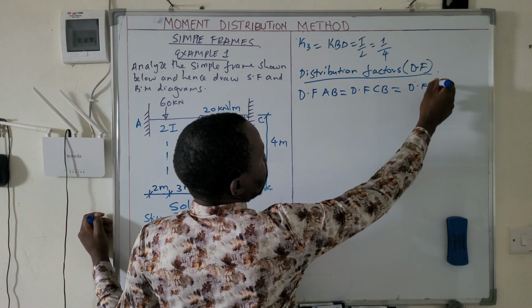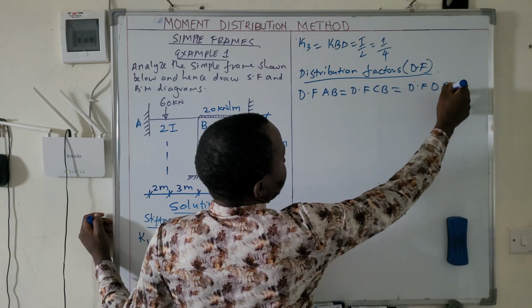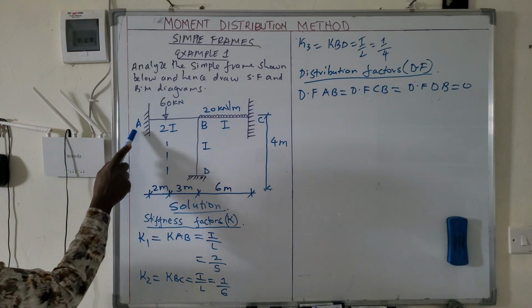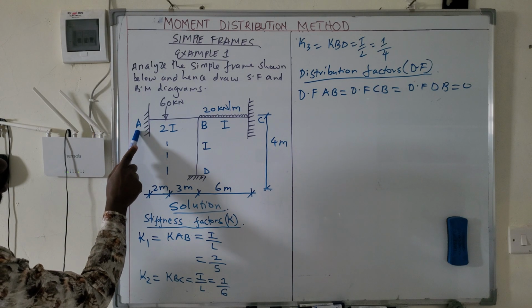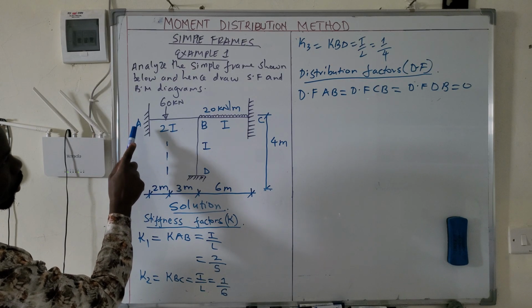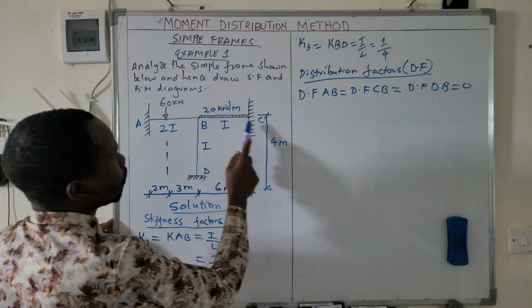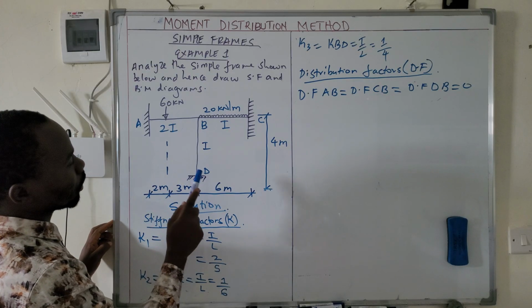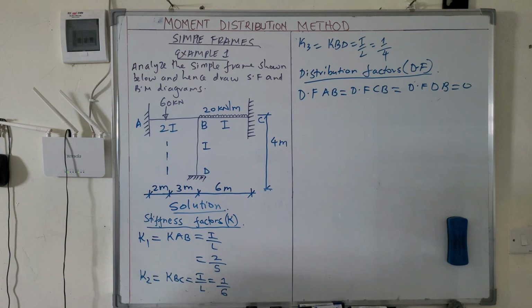DF DB is equal to 0 because these are the fixed support. So this is the fixed support or fixed end. So distribution factor AB and distribution factor CB and this distribution factor DB is equal to 0. The reason is they are fixed support or fixed end. So that is it.